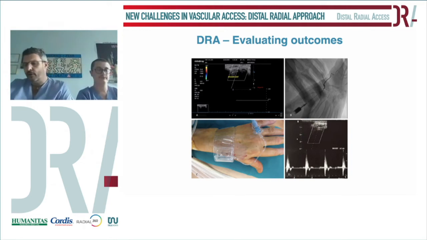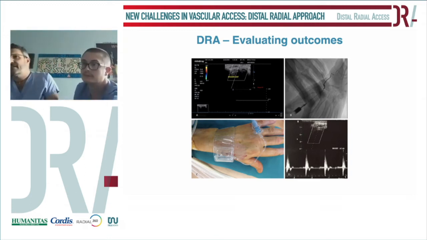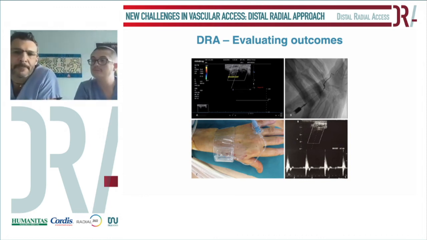So the hematomas that we observed were more frequently related to the dorsal axis of the distal radial. So maybe if you become confident with this access, it's better to use the access at the level of the anatomical snuff box, because you can compress the artery over the bone.